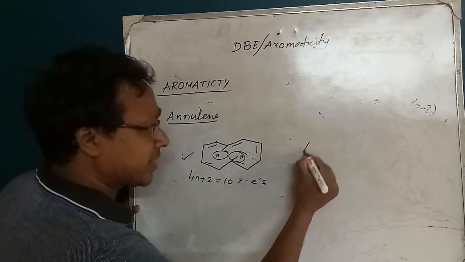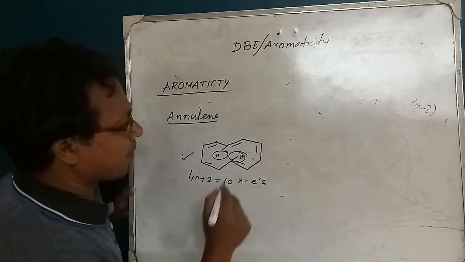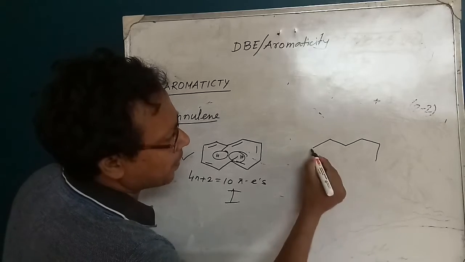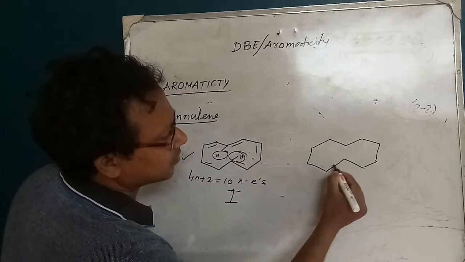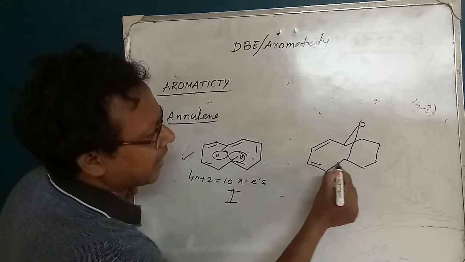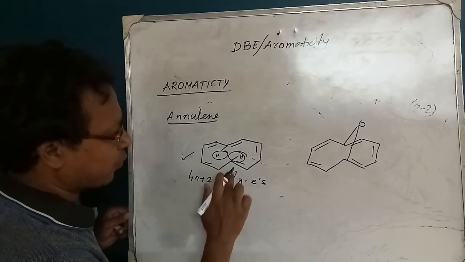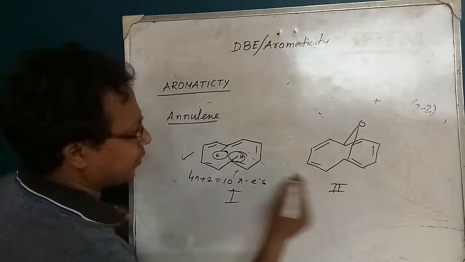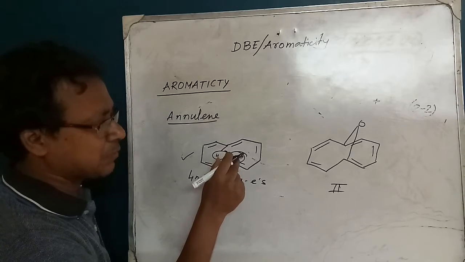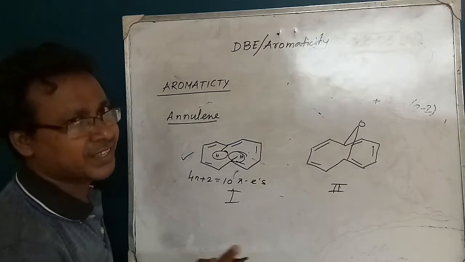Now it is asked in various exams: between 1 and 2, which one is more aromatic? I have already told you that here two hydrogen atoms at the trans position are close to each other and undergo severe steric repulsion, but here this hydrogen atom is replaced by an epoxide bridge.